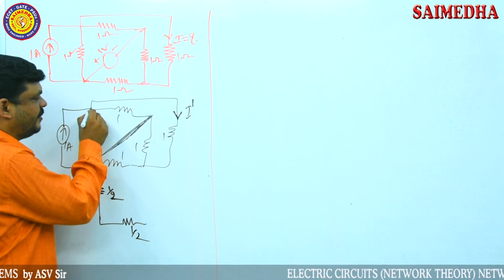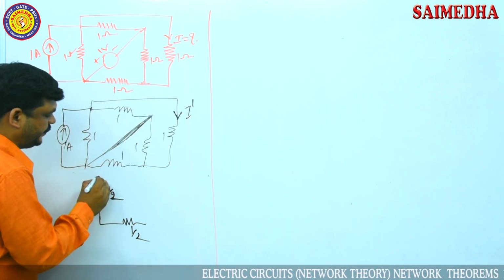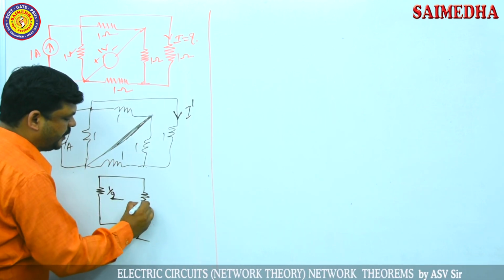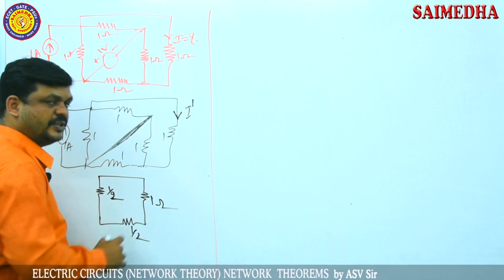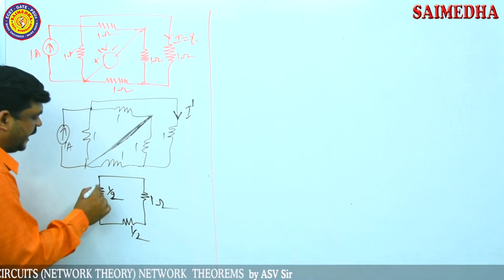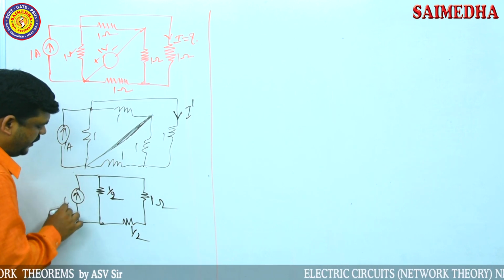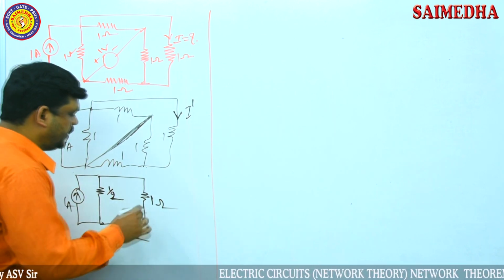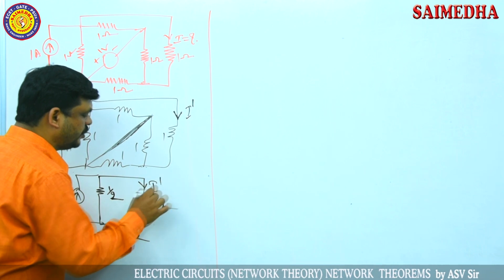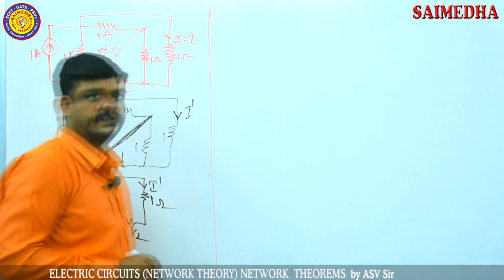One resistor is connected from this point to this point, and one more resistor is connected from this point to this point. This resistance value is 1 ohm. In between these 2 points, one current source of 1 ampere is connected. According to the given question, we want the current through this branch. This is I dash.